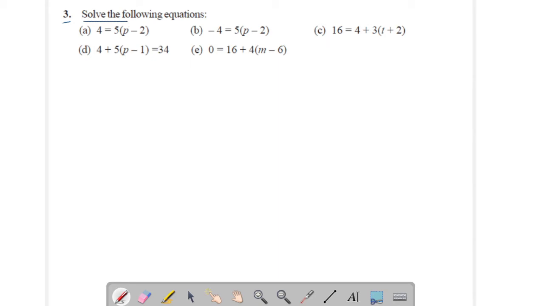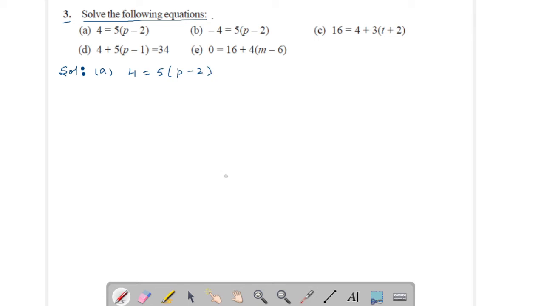Solve the following equations. See the solution. A part, 4 equal to 5 within the bracket p minus 2.